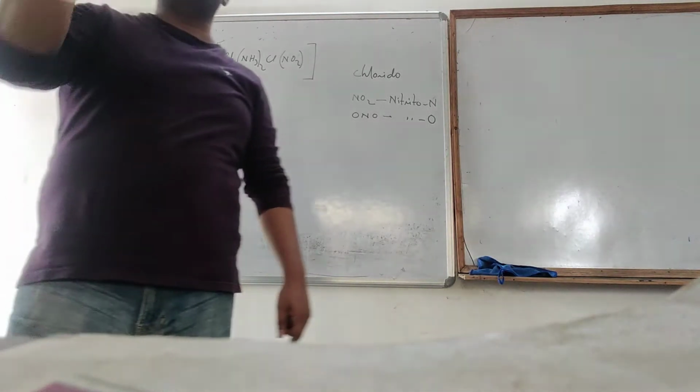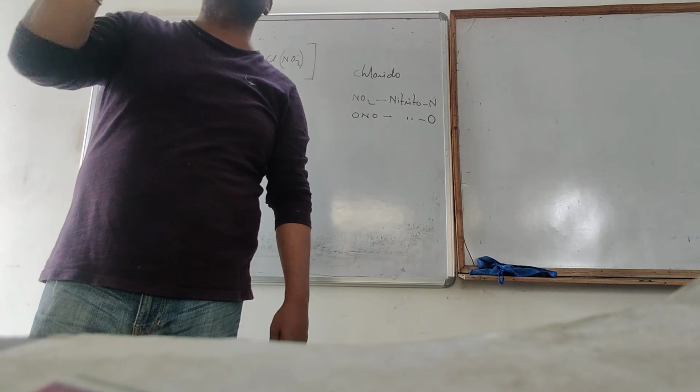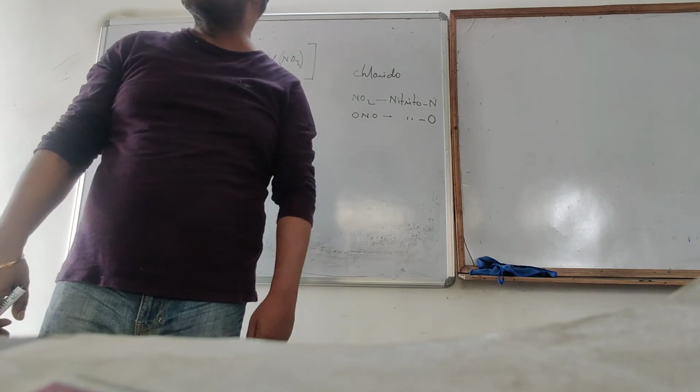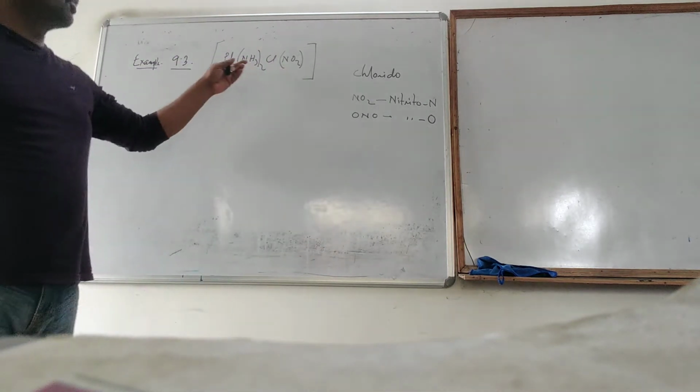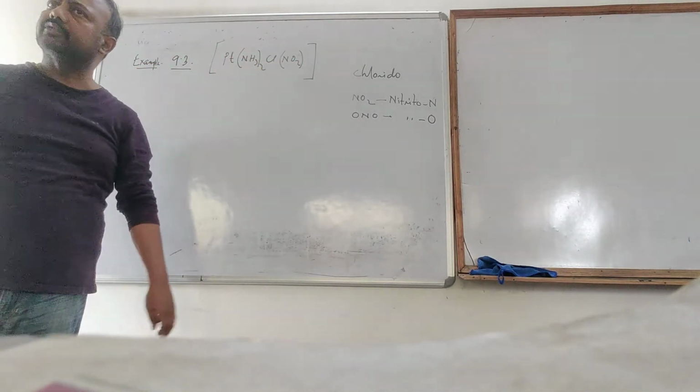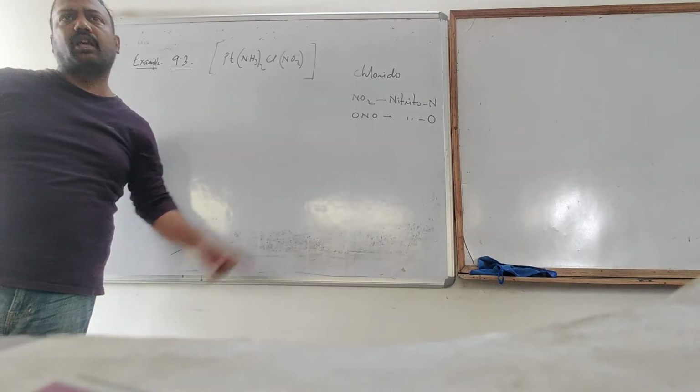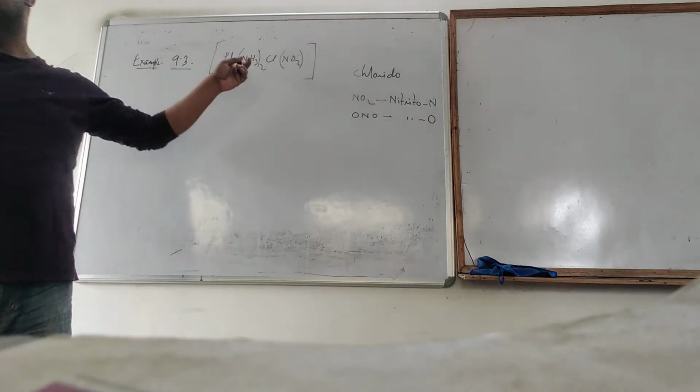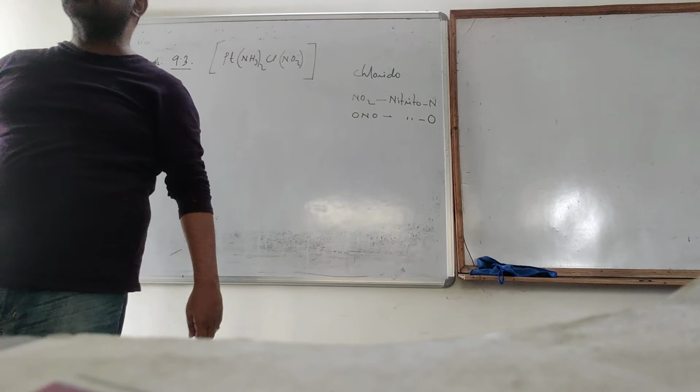Now, another rule is there. If more than one ligand is there, they have to be named alphabetically. So, this is amine, this is chlorido, this is nitrito N. Which has to be named first? Amine. How many of them are there? 2 of them are there. Another rule is there.